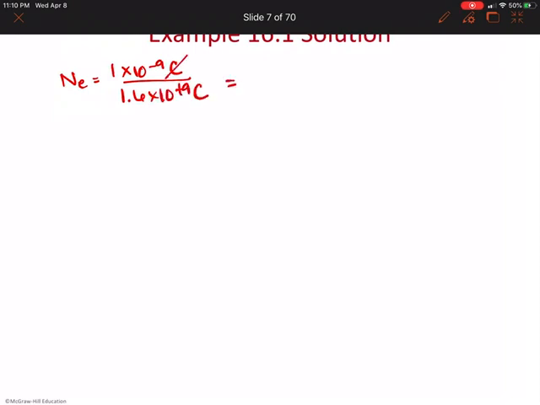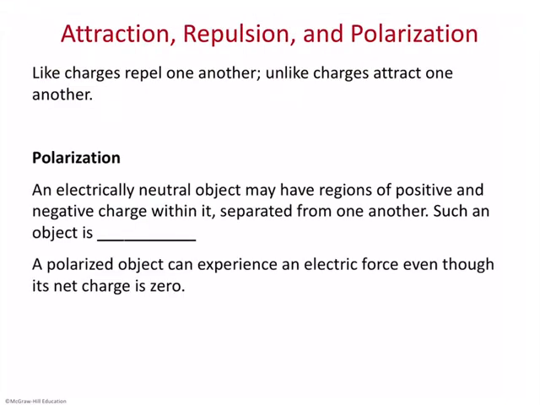Your coulombs are going to cancel, and you're just left with a number, which is fine because you're just trying to find how many excess electrons you have. So you have 6 times 10 to the 9th. So quite a few. That's it for part A.